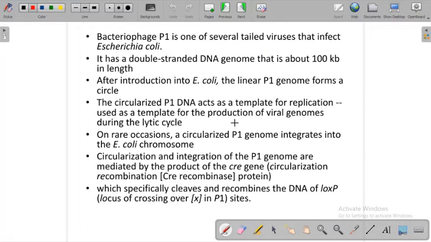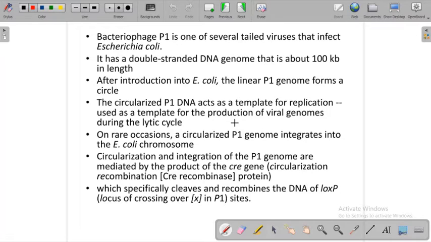You should remember Cre recombinase. Cre recombinase specifically cleaves the P1 genome or P1 DNA, and again helps to recombine the DNA material, self recombination, at the particular LoxP site.